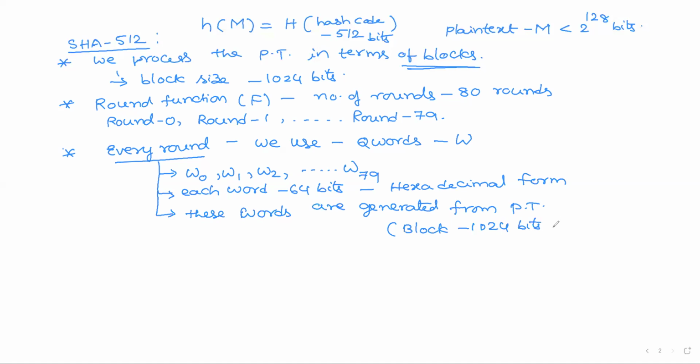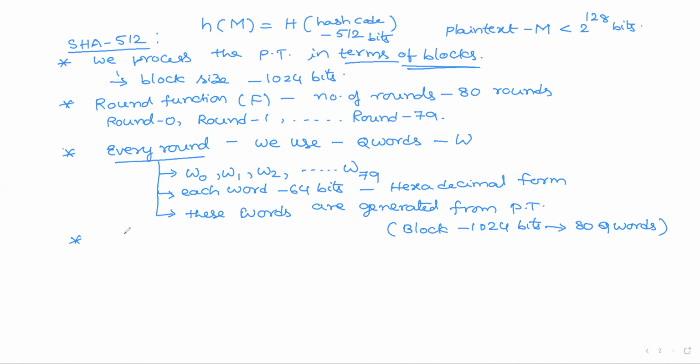The plain text is processed in terms of blocks, so each block of size 1024 bits will produce 80 words. How these words will be produced, we will observe. First, this is the very basic thing about what we will use in this algorithm.